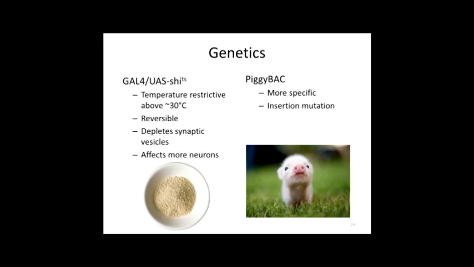So this is a temperature-restrictive gene above 30 degrees Celsius. It's reversible, it works by depleting synaptic vesicles, and it affects the neuron as a whole. The piggyBac system affects only one gene related to the neuron, so it will only affect one small part of the neuron. It works by an insertion mutation.